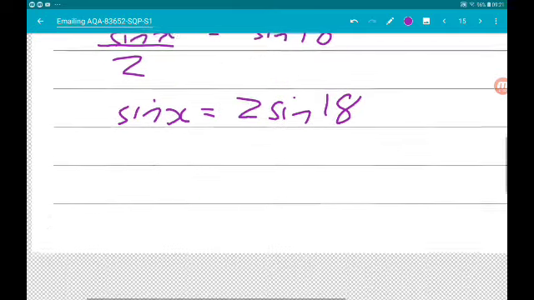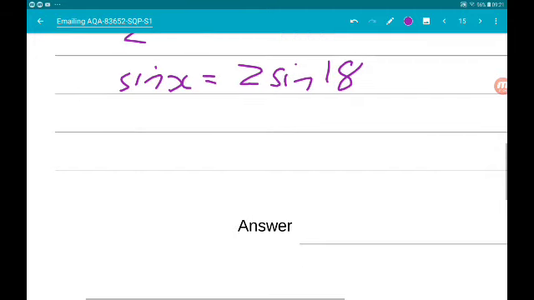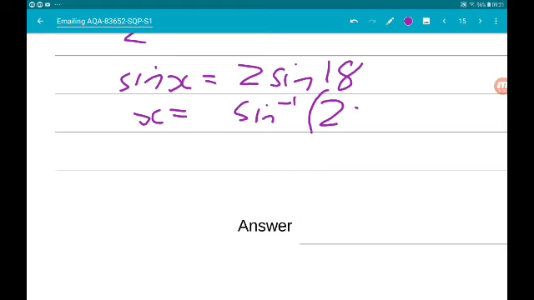Now we need to get x out of the sine function, so we're now going to inverse sine both sides. So x is the inverse sine of 2 sine of 18.